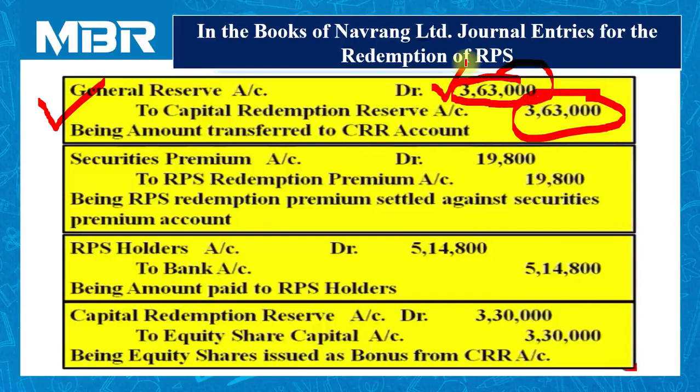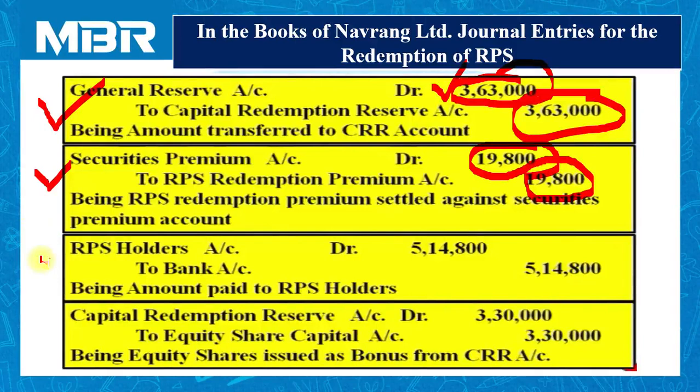Now it is time to adjust RPS redemption premium, that is step number 4. We have adjusted RPS redemption premium of rupees 19,800 against securities premium account, as we have enough amount in securities premium. Journal entry: securities premium account debited 19,800, to RPS redemption premium account 19,800.